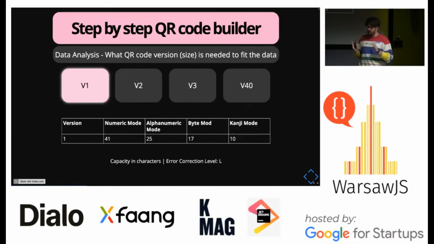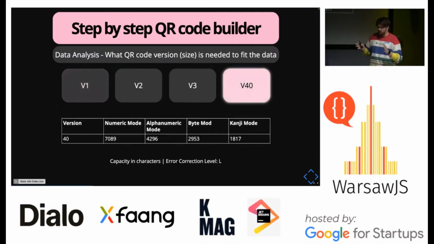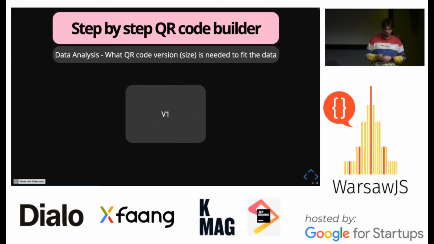And all of this is at error correction level L. So even with level H, we can save less data. And in version 40, we can save up to 7,000 characters in numeric mode, and so on for the other modes. So for our purpose, version 1 is more than enough.